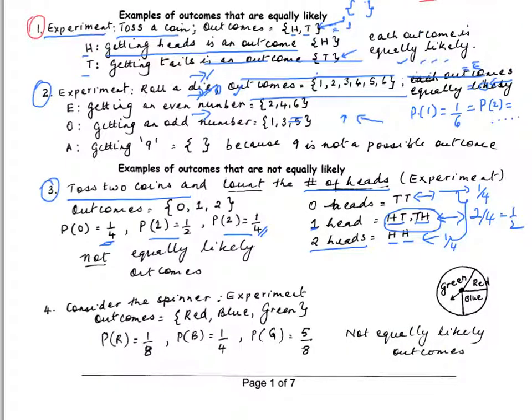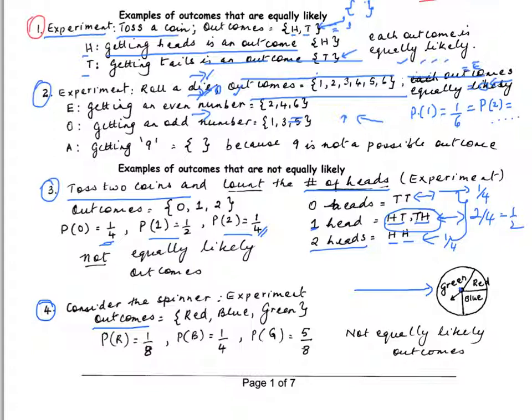We look at example 4. We consider a spinner that we usually use in board games. So the outcomes in this particular spinner that I have here are green, red, or blue. You could get any one of the 3 colors when you spin the needle in the middle. So what is the probability of getting blue?